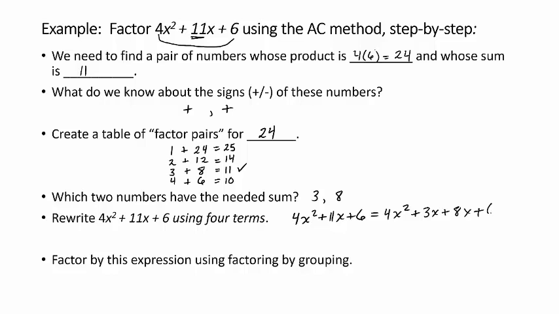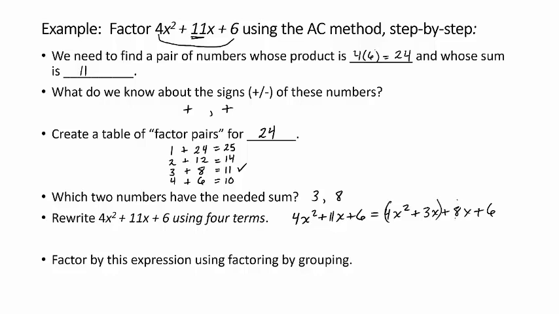You see how I used those two factoring numbers that I found, the 3 and the 8, and I rewrote the middle term. So instead of having 11x, I have 3x plus 8x. By the way, it doesn't matter whether you have 3x plus 8x or 8x plus 3x. It'll come out the same way.